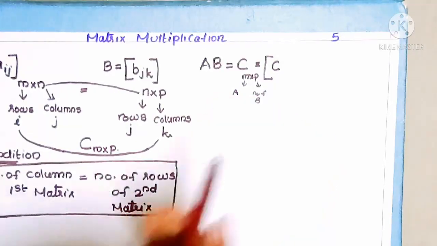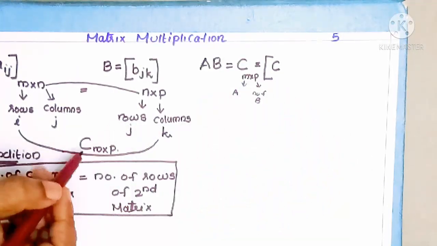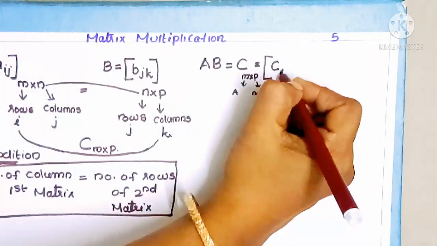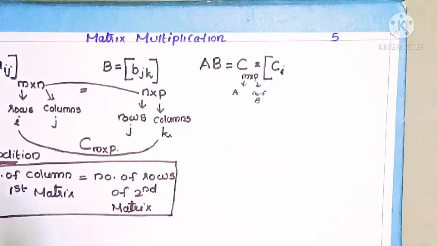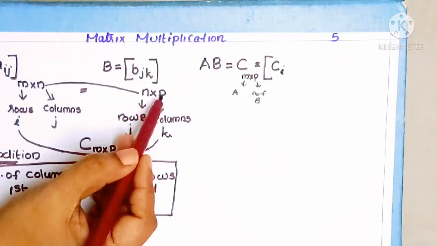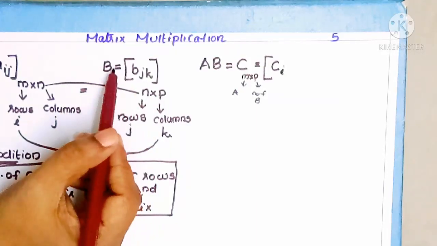So we can write this element in M; here we are using i to indicate the row value, so we write i. Then P is the number of columns present in the B matrix.